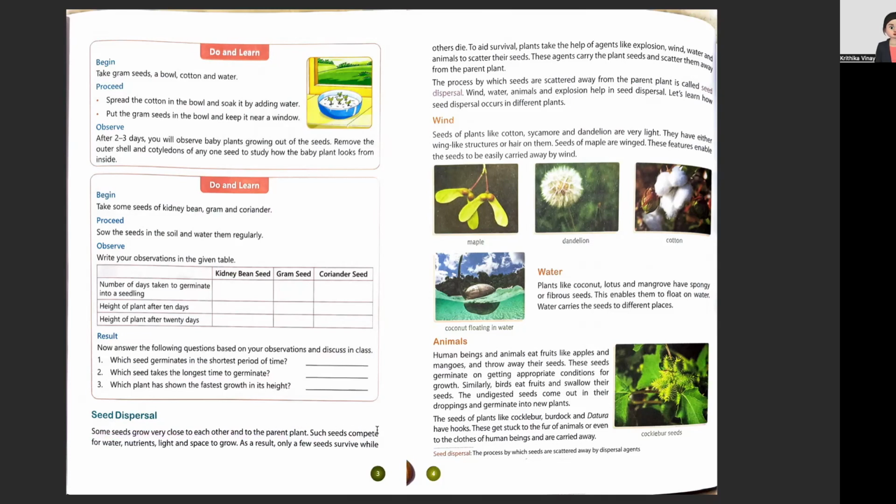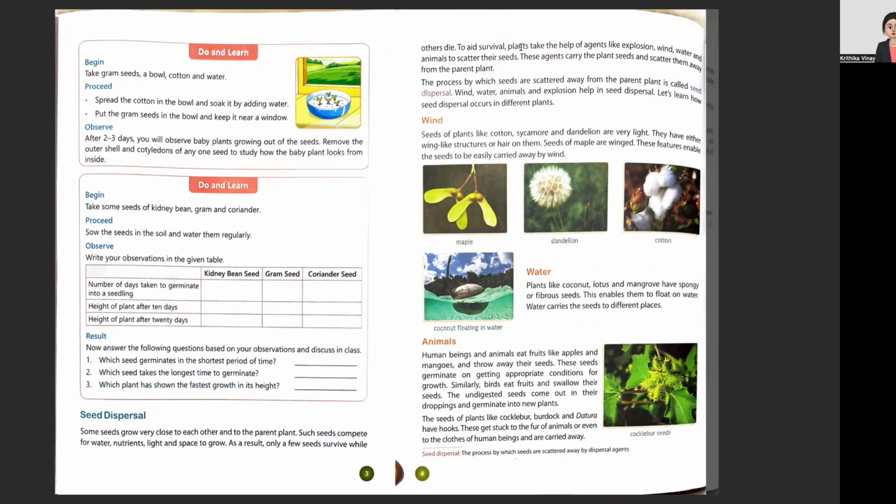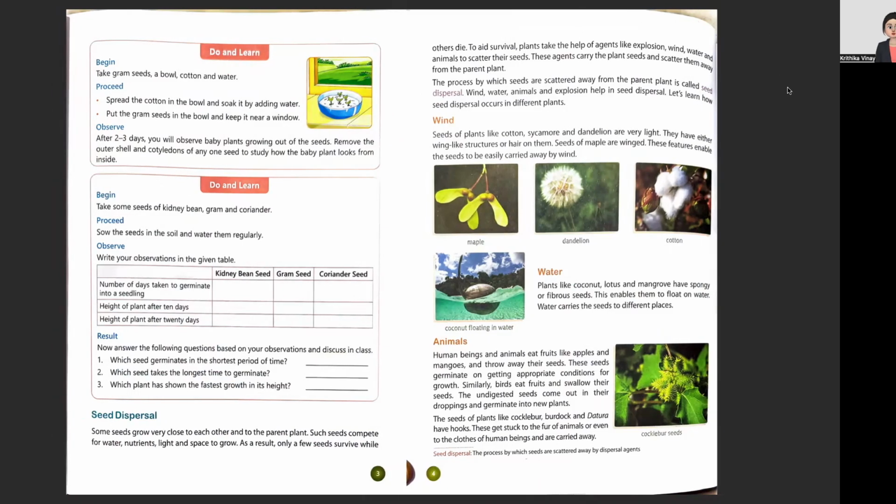I'll answer it. Some seeds grow very close to each other and to the parent plant. Such seeds compete for water, nutrients, light and space to grow. As a result, only a few seeds survive while others die.